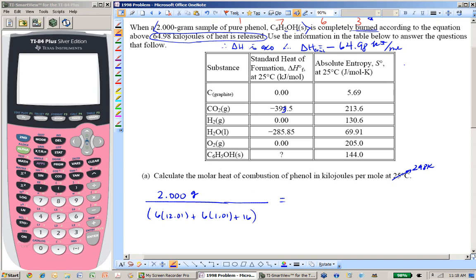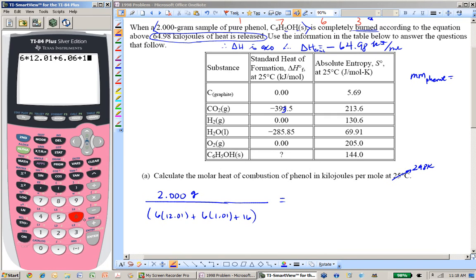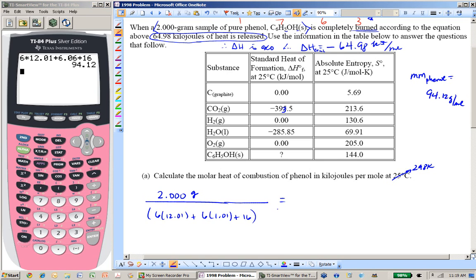And I'm going to write that molar mass down, because I might need it later. So 6 times 12.01 plus 6.06 plus 16 equals 94 grams per mole. All right, so 2 divided by, go up and grab it, put it in, execute the command.